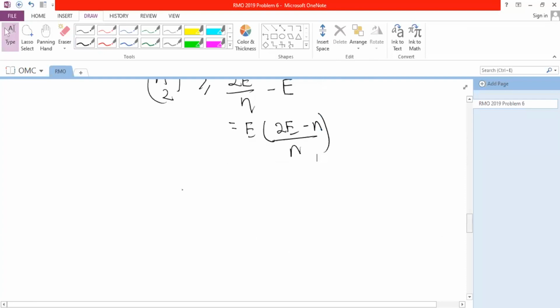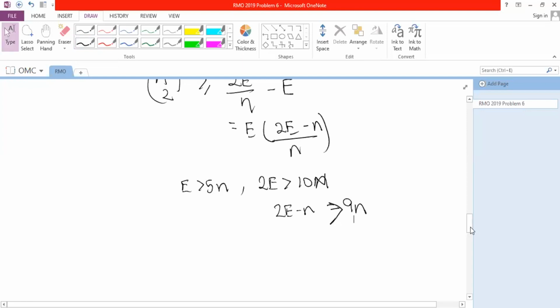Now note that e is greater than 5n, and 2e is greater than 10n. So 2e minus n is greater than 9n.